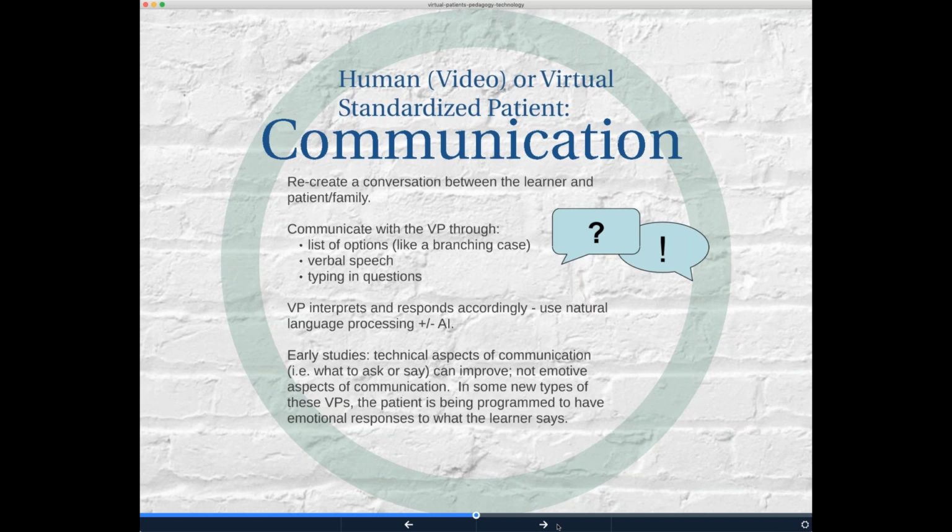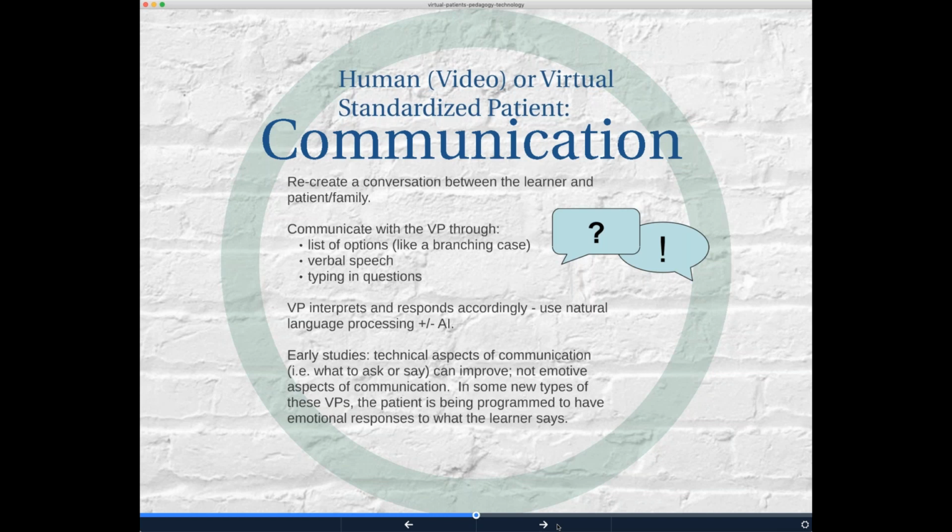Some of the early studies into this type of virtual patient indicated that certainly the technical aspects of communication, so the questions you want to ask, the way to respond, certain words to use or not use, can be improved over time.